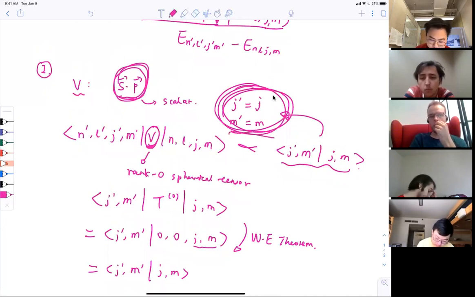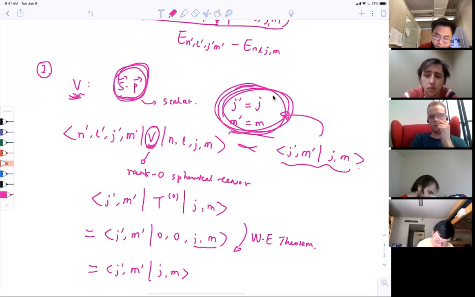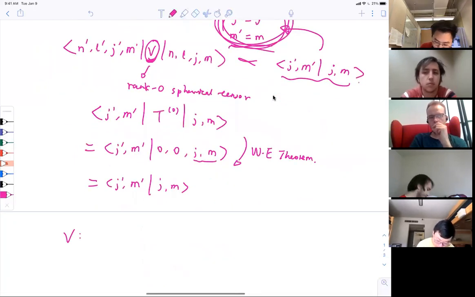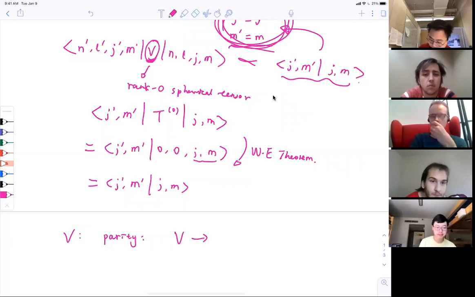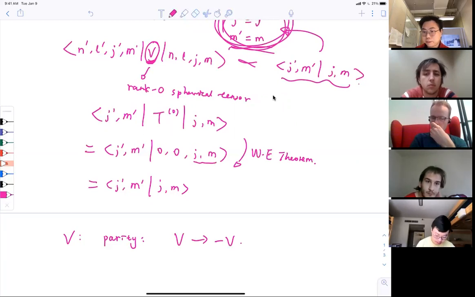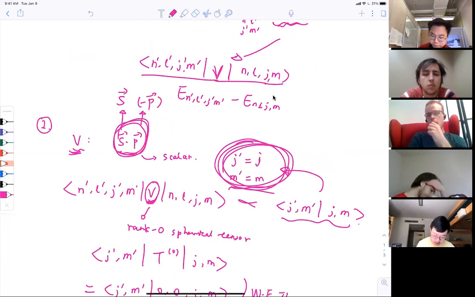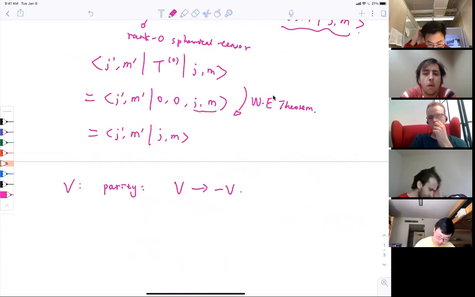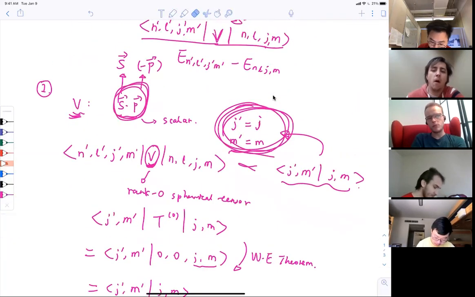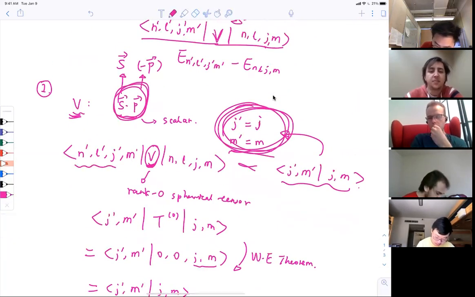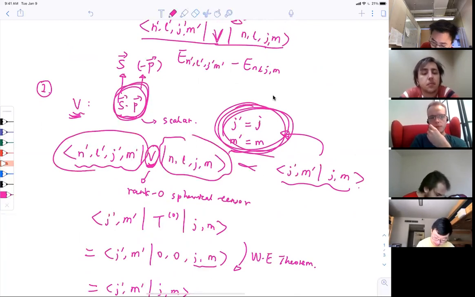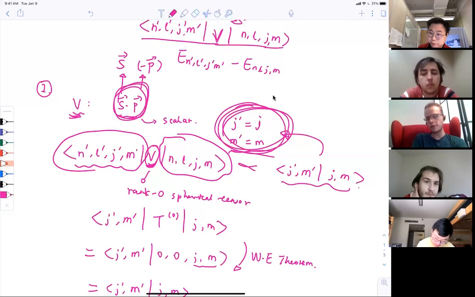There's another symmetry associated with this V. Under the parity operation, this V will flip the sign, right? Because the spin remains the spin, like S is S, but P would become minus P. So V would flip the sign. So this means this state and this state must have different parity.